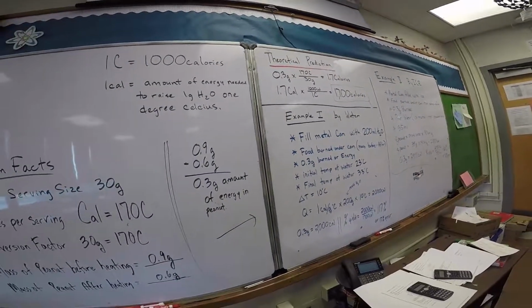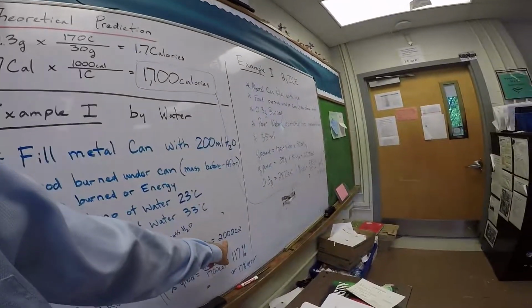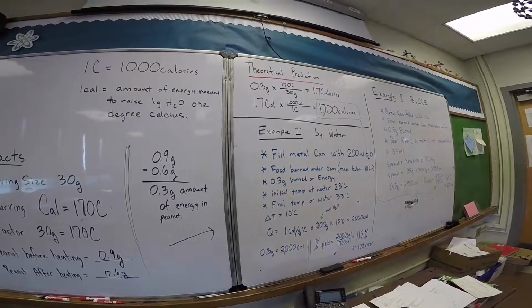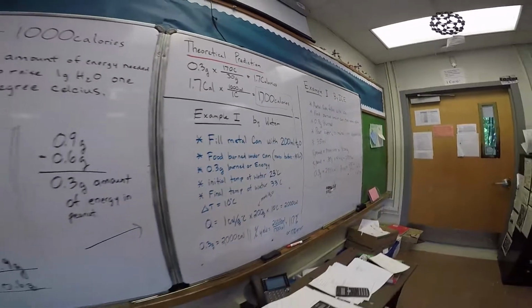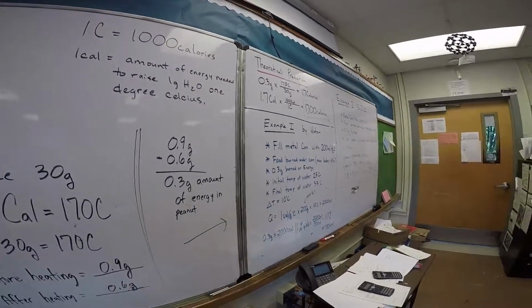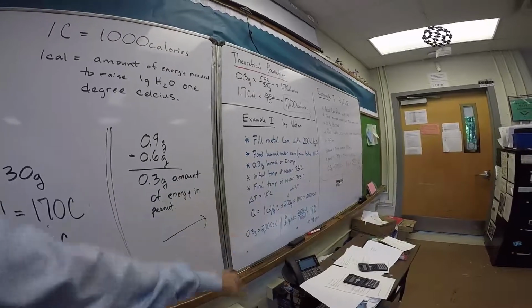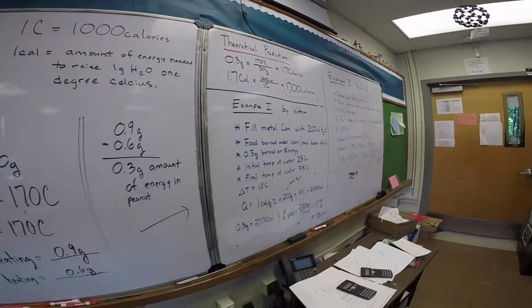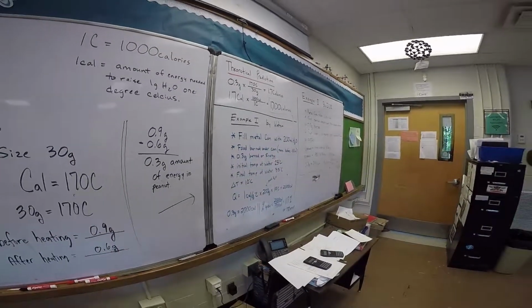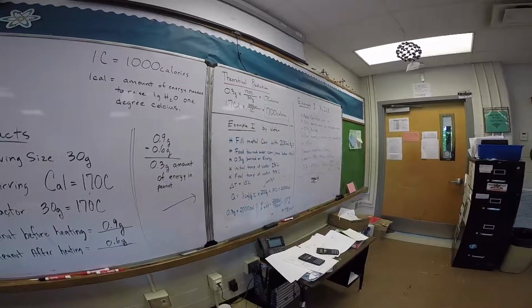So this 2,000 comes from our calculation. We're saying we produced 2,000 calories based on our experiment. So we take our 2,000 divided by 1,700. So we've got about 17% error associated with our lab. Everybody see that?